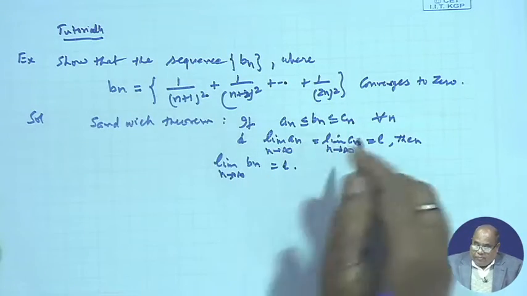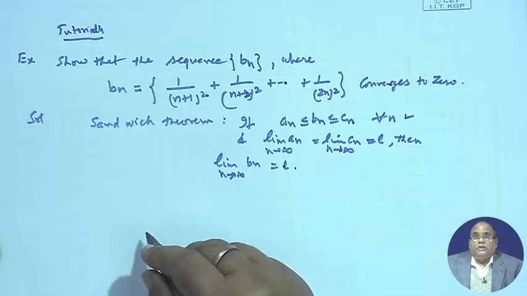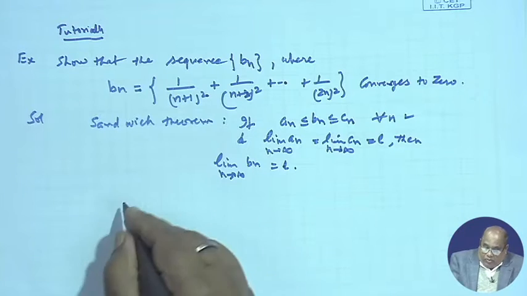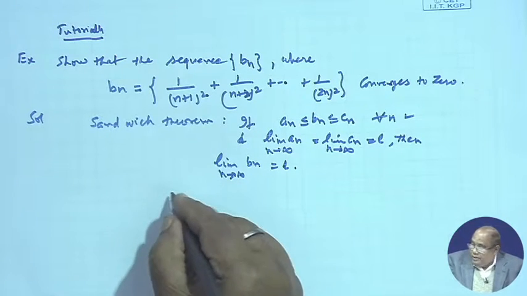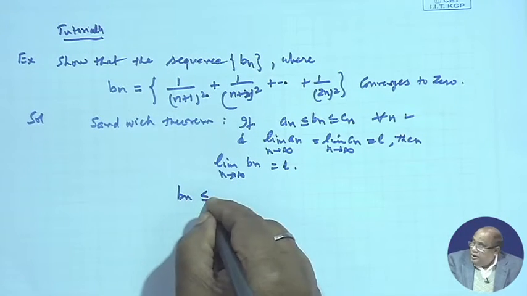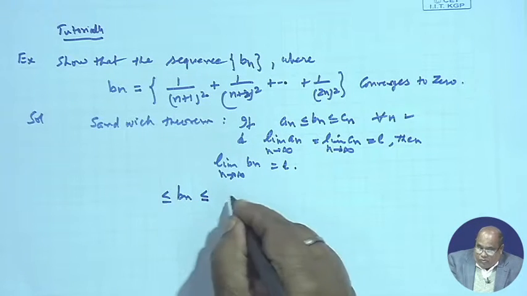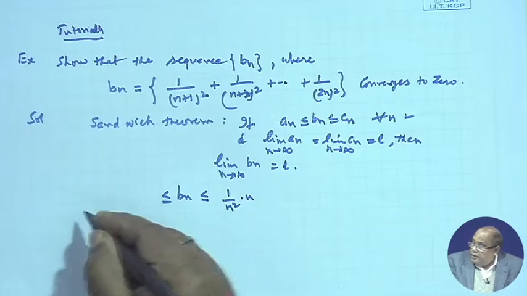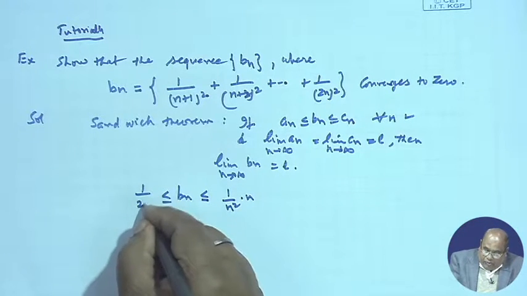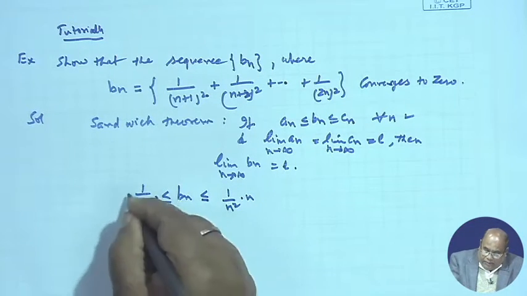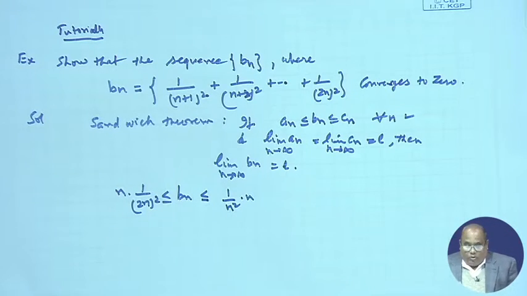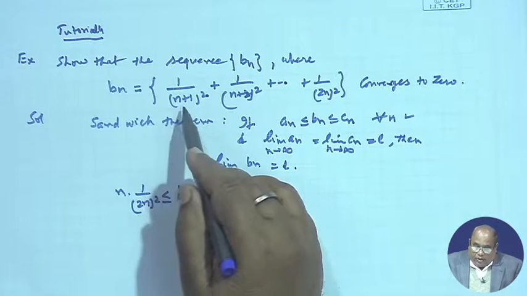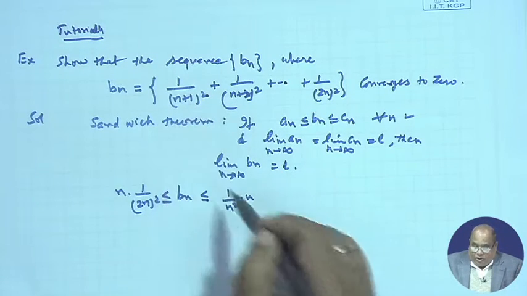In fact, we have to first establish that Vn lies between An and Cn for all n. Now, clearly Vn lies between 1 by n square into n and 1 by 2n square into n, because n plus 1 square is greater than or equal to n square.